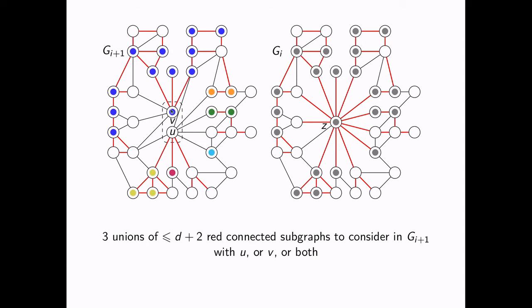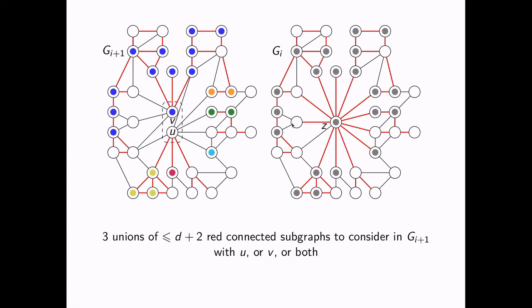There will sometimes be solutions that are not possible. For instance, here, inhabiting u is not possible because there is a black edge towards something where we also want to inhabit. But in general, you would have to consider three possibilities, either only u, only v, or both, and look at the best among those three solutions.